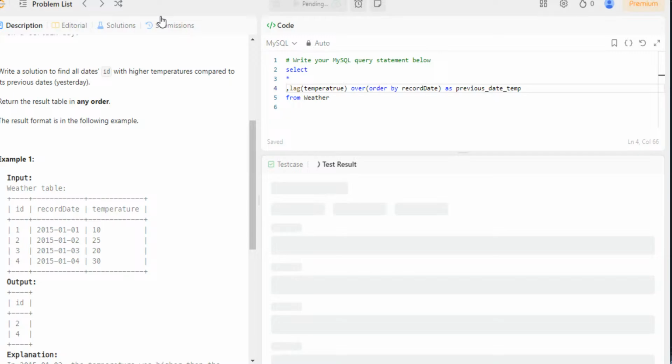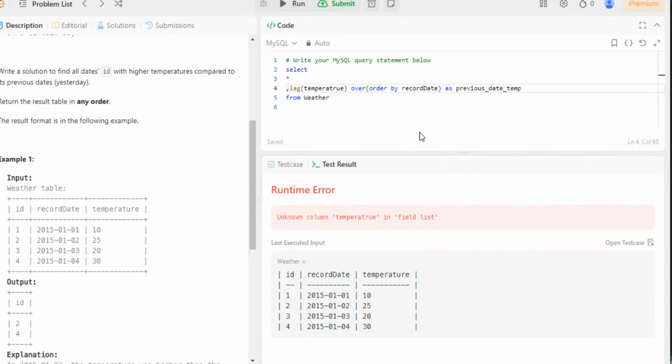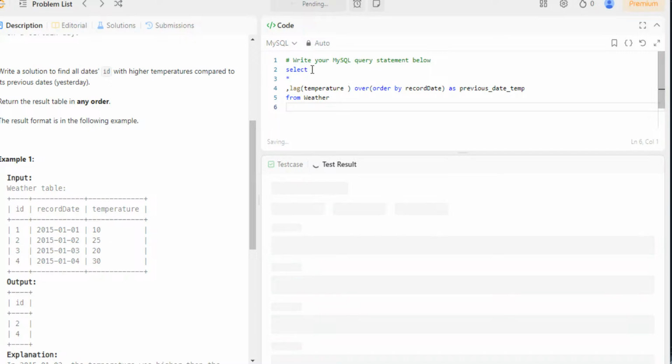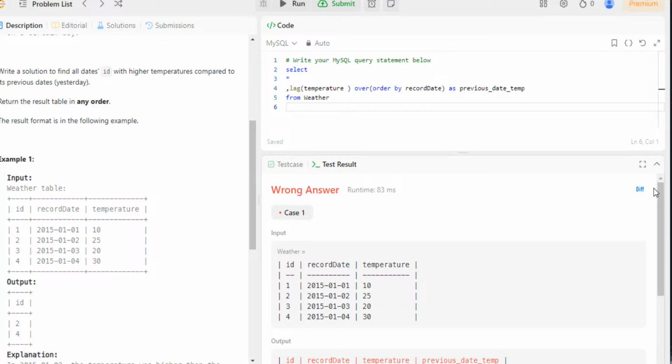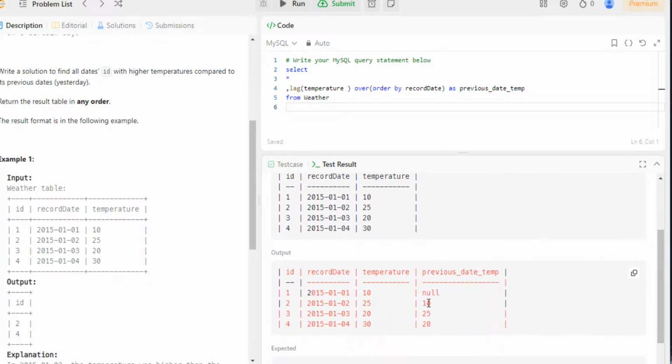Oh, you're getting to see me learn lag in real time. Temperature. All right. There we are.